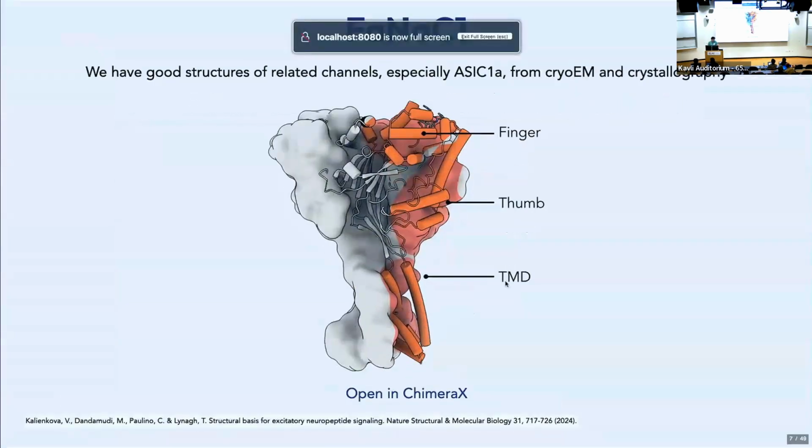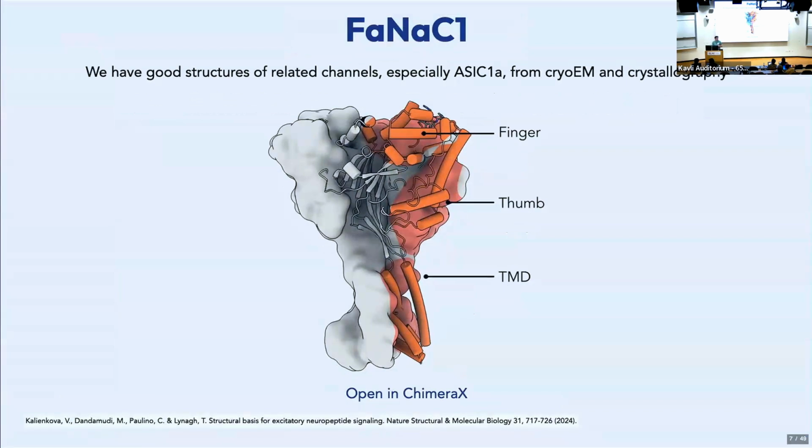Yeah, I'm happy to take any more questions about anything today or yesterday. Oh yeah, got one. You emphasized earlier the global motion from as soon as the ligand is bound to the FaNaC1, from ligand bound all the way down to the transmembrane domain. Have you implemented the tools available in CryoSPARC to explore the motions between the two states?